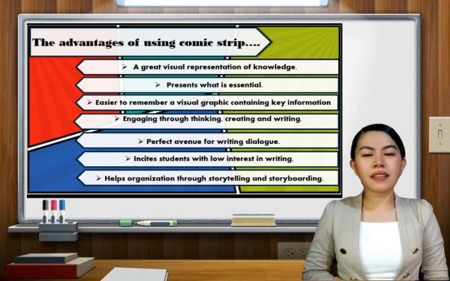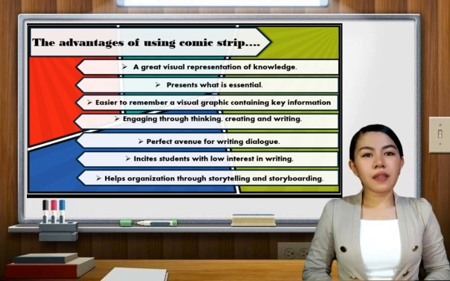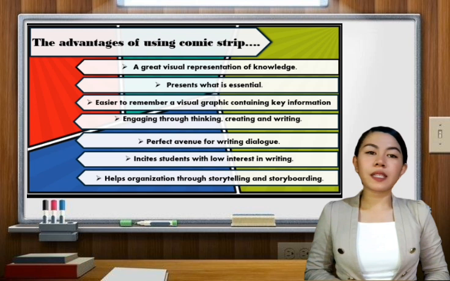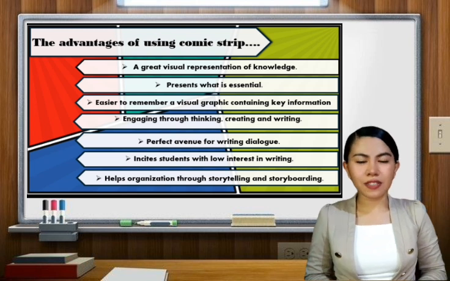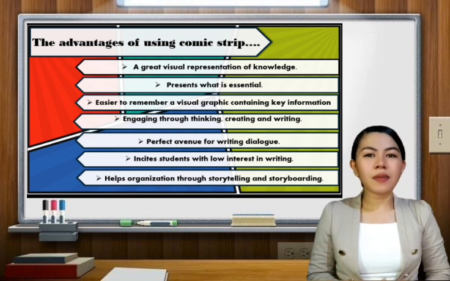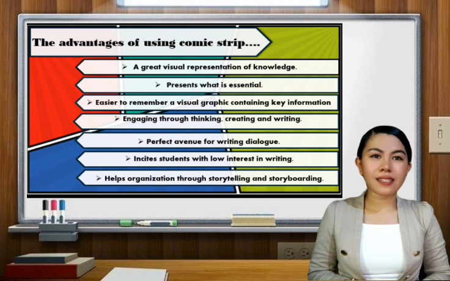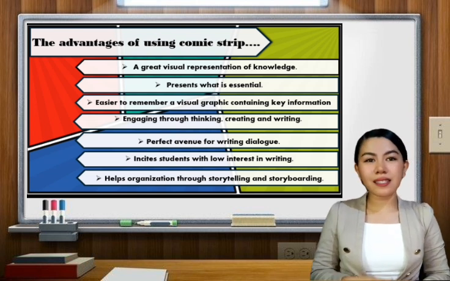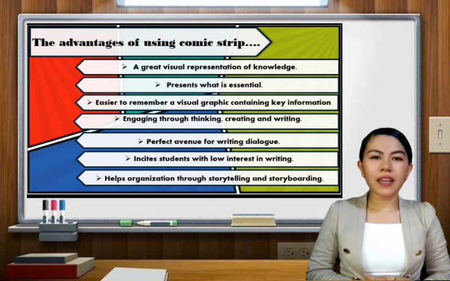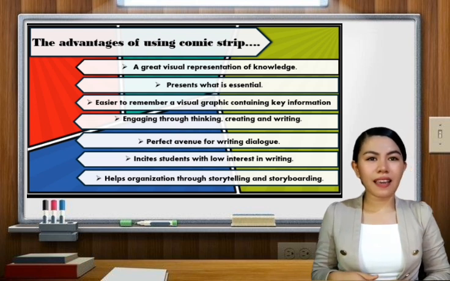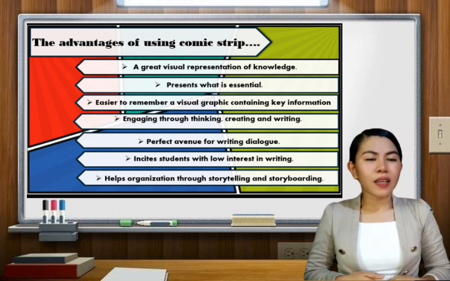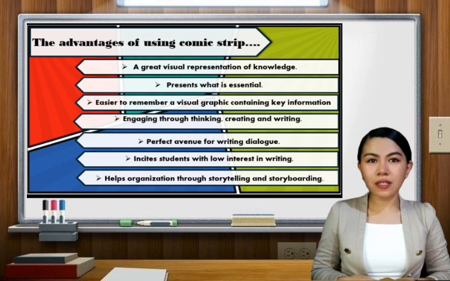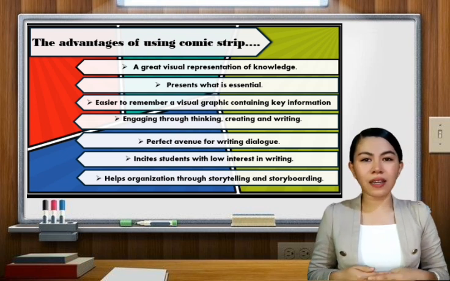First, comic strip is a great visual representation of knowledge. Second, comic strip presents what is essential. Third, comic strip is easier to remember, a visual graphic containing key information using speech balloons, drawings, and sketches.